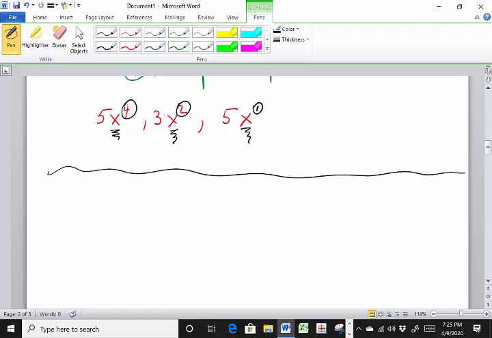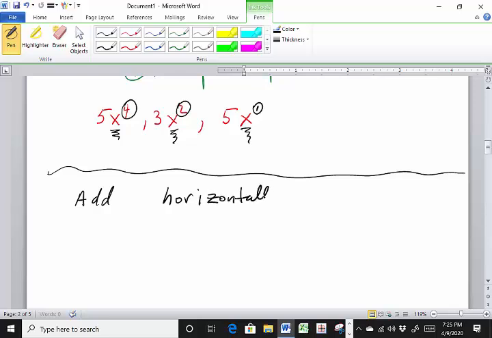So let's go ahead and work out some problems. So let's go ahead and add. All right? Now there's two different ways you can add polynomials together. You can add them horizontally or vertically.